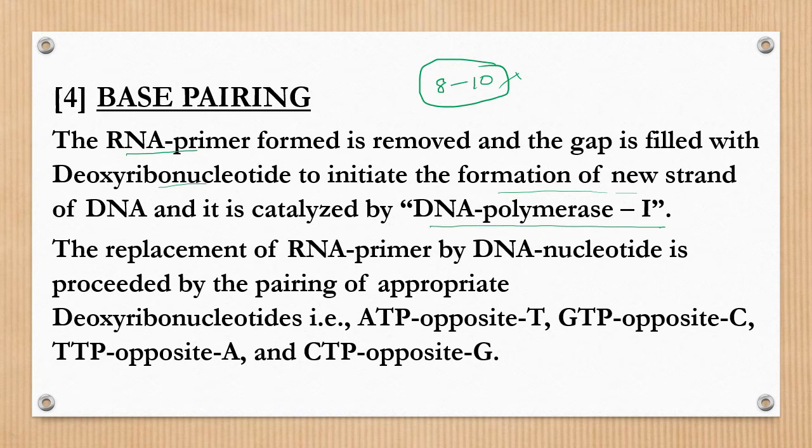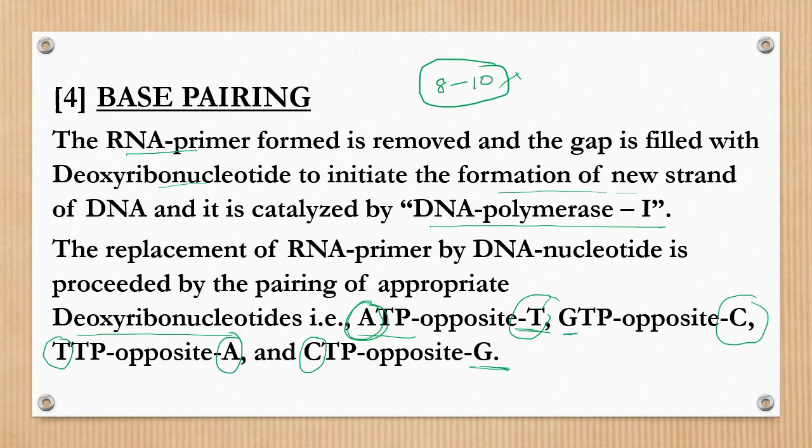The replacement of RNA primer by DNA nucleotides proceeds by the pairing of appropriate deoxyribonucleotides, that is, adenine triphosphate opposite to thymine triphosphate, guanine triphosphate opposite to cytosine, thymine opposite to adenine, cytosine opposite to guanine.